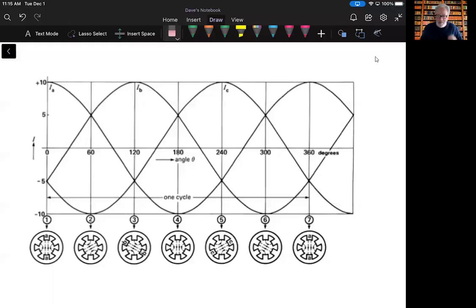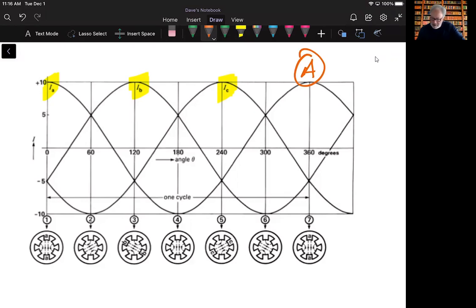What we're looking at here is a particular sequence where phase A is peaking here, then 120 degrees later phase B peaks, and then 120 degrees later phase C peaks, and then that would cycle through and happen again here. That would be phase A, and so forth.